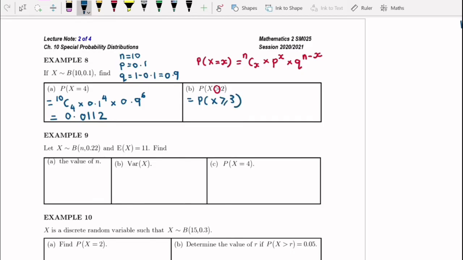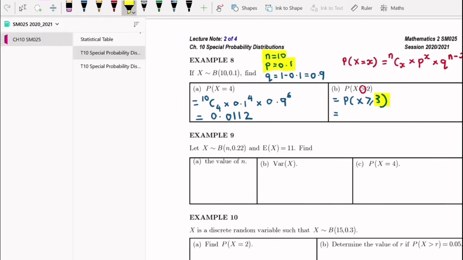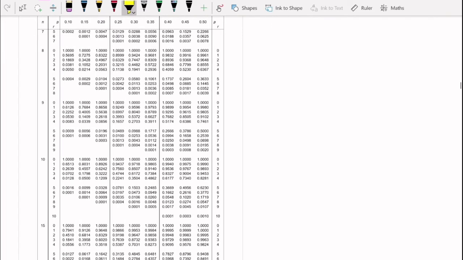Now, we will look at the binomial table page 6 with n equals 10 and p equals 0.1 with x equals 3. Okay, binomial table page 6, n equals 10, p equals 0.1, so we will focus on this column.